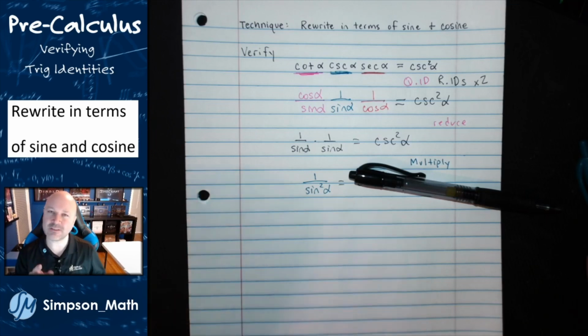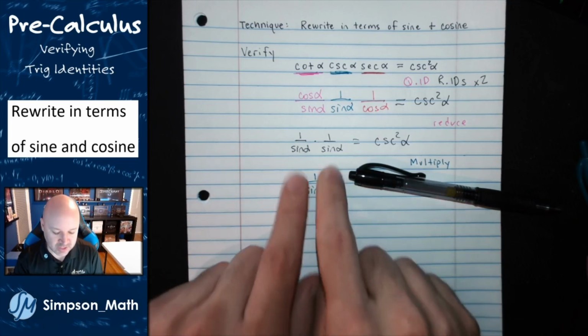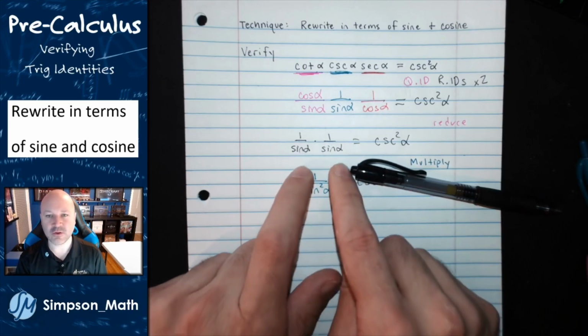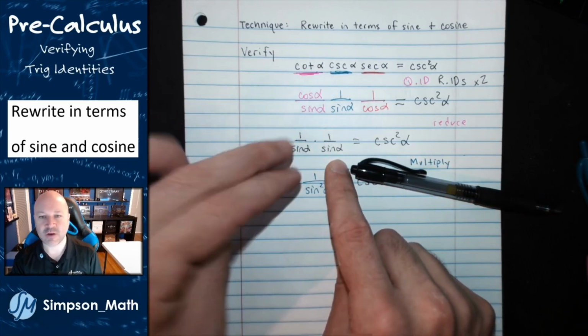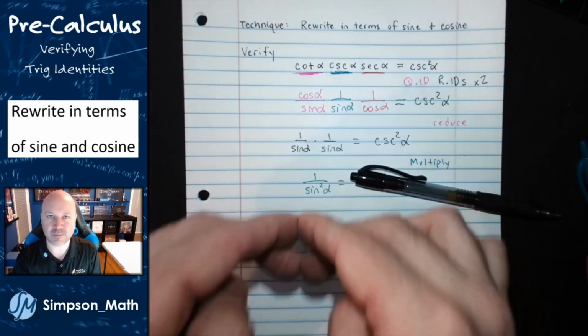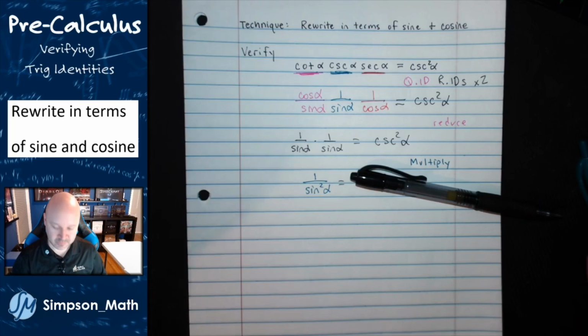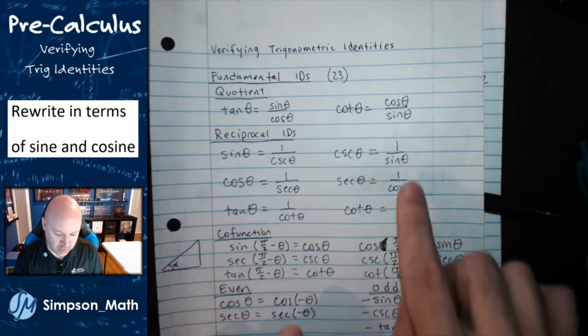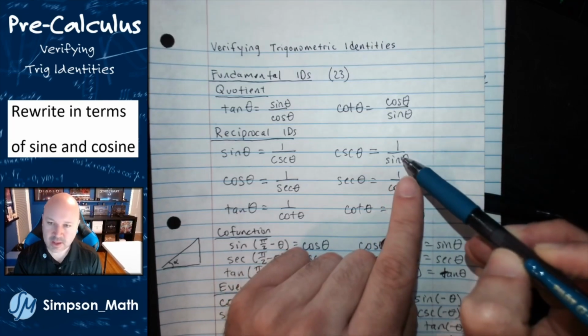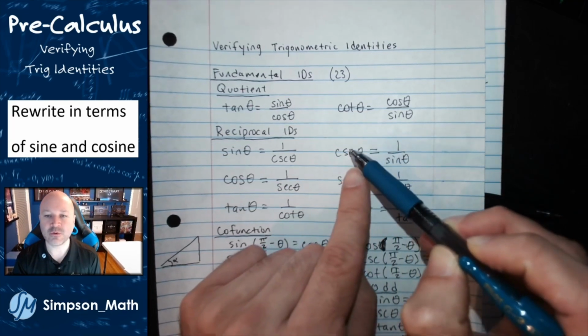It's the reciprocal. Yes, there's a 2 on there, but we just kind of explained what's going on. If you have 1 over sine squared, you've got a reciprocal and another reciprocal. So you've got that reciprocal, that squared, cosecant squared. So I'm taking the 1 over sine, and if we put a little 2 there, it's still going to be equal to a cosecant squared.